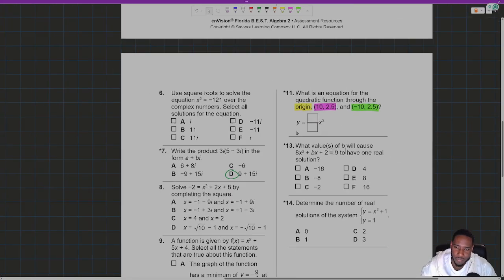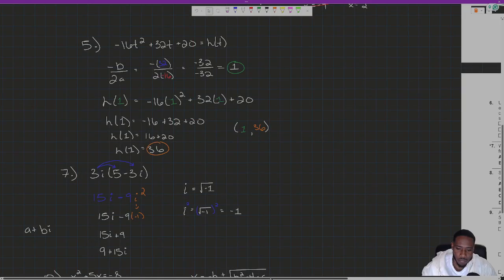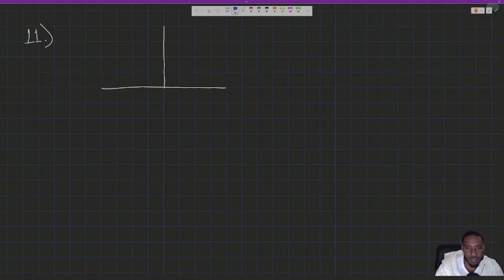So let's picture this. We've got this coordinate grid, right? That's pretty decent.